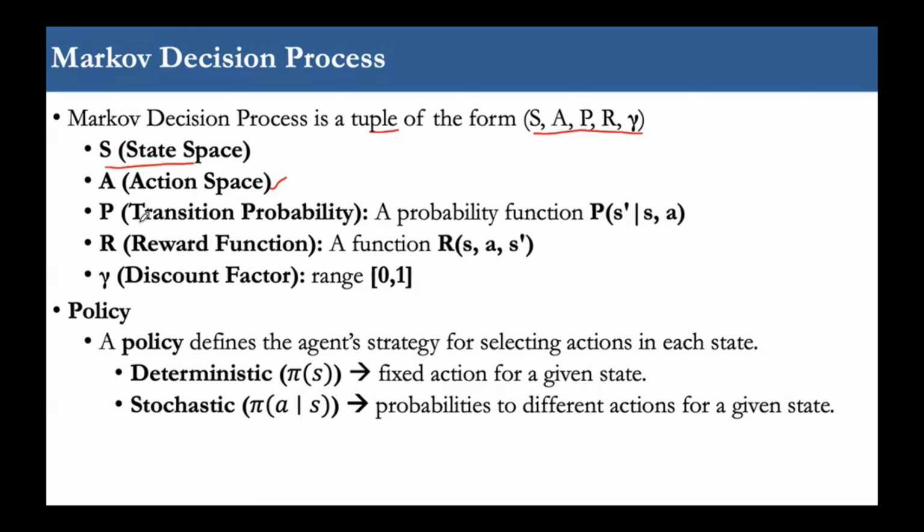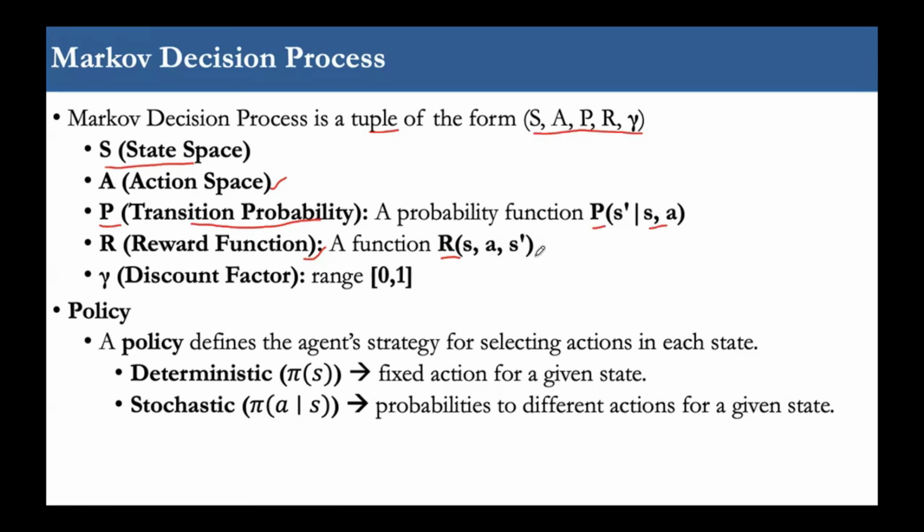The next one is P, which represents the transition probability. It is a probability function P of S dash given S comma A, which defines the likelihood of transitioning from a particular state S to the next state S dash after performing an action A. The next one is a reward function R. This is represented by a function R of S comma A comma S dash.